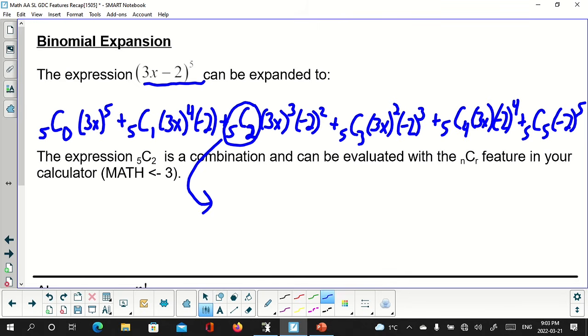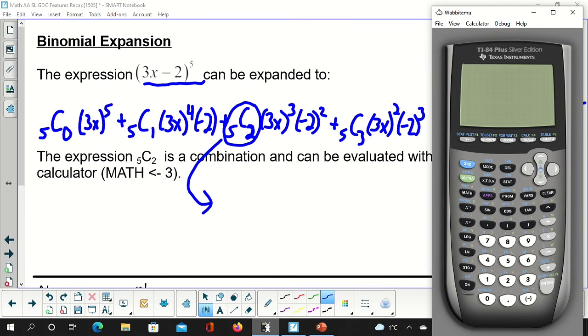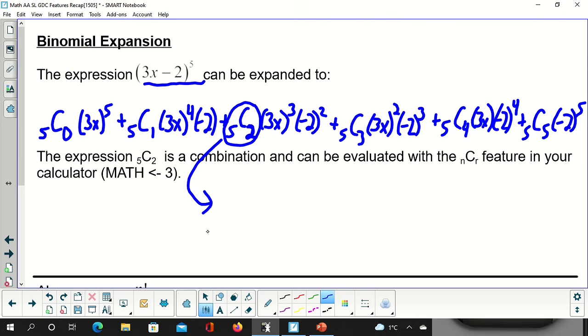And the easiest place we can find that on the calculator is by typing in 5, then we hit math, then we go over to PRB. And that's where you'll find nCr. So 5C2. And we can work out that 5C2 is 10.